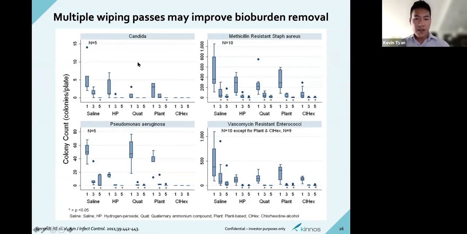They found actually that saline alone, essentially friction alone with saline, could achieve pretty substantial bioburden removal, particularly with 3 or 5 passes. And this effect, of course, is improved upon if you use an active chemistry like hydrogen peroxide. But the overall point is that multiple passes might be really important to achieve this necessary friction to achieve bioburden removal. And so a technology like Highlight is designed to enable visualization and encourage thorough wiping.